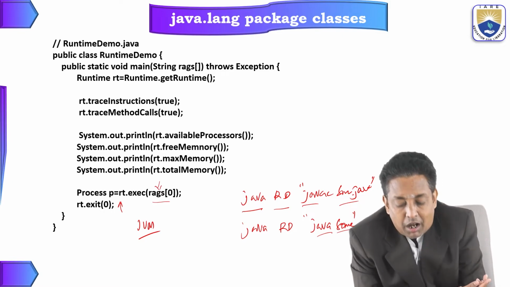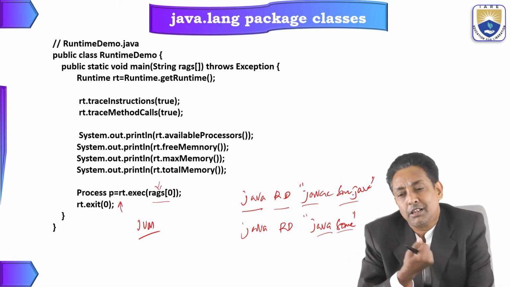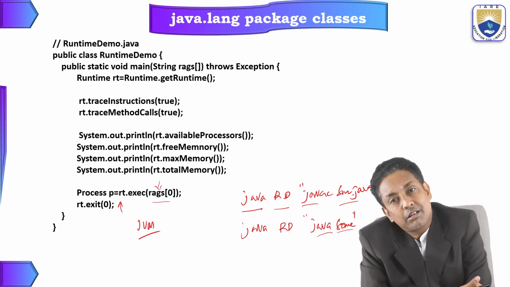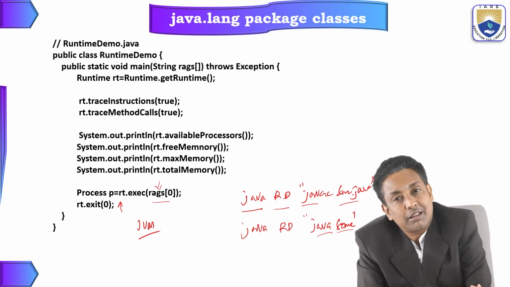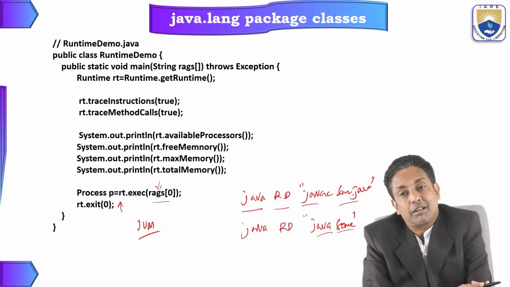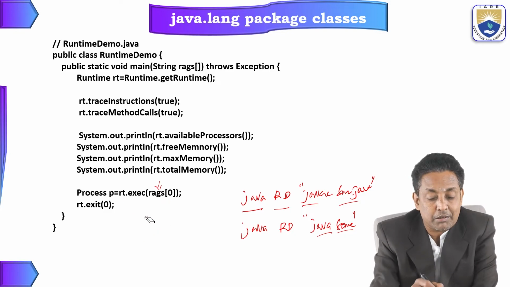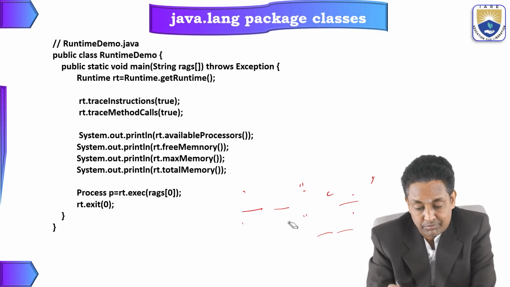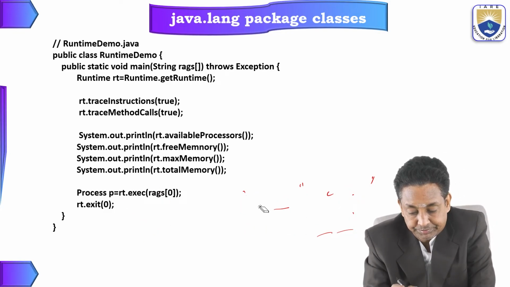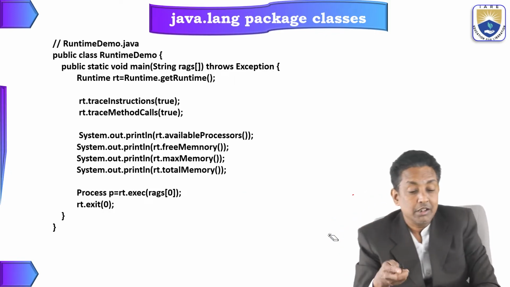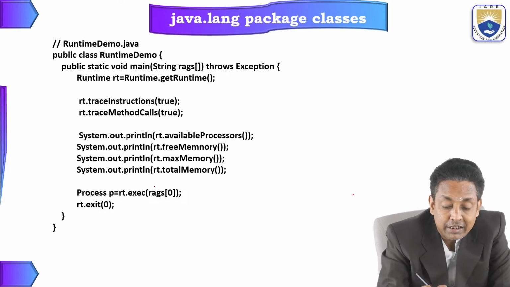So then how do you capture the output of the Java compiler? How do you capture the output of the Java interpreter, whether it is a successful output or an error output? How do you retrieve it? That is the point. So runtime.exec is a function.